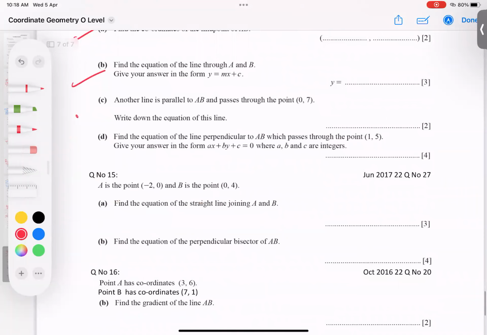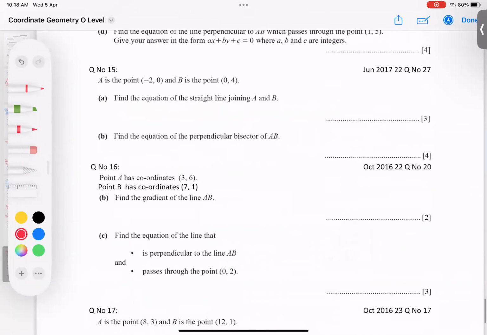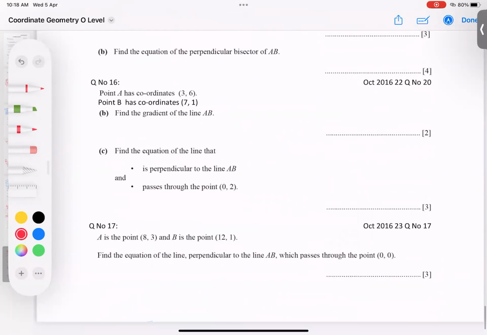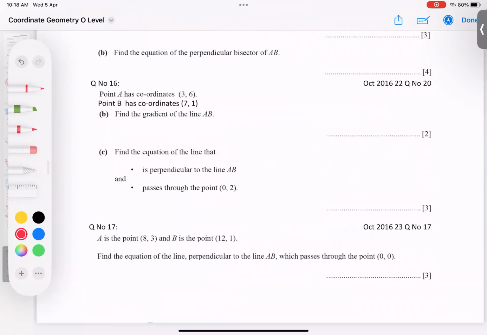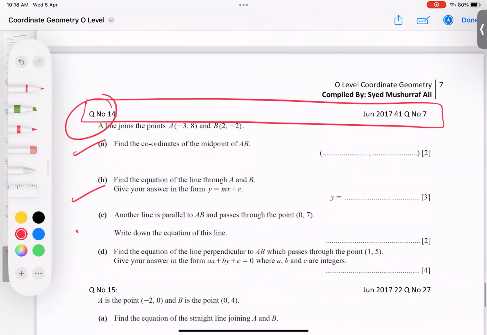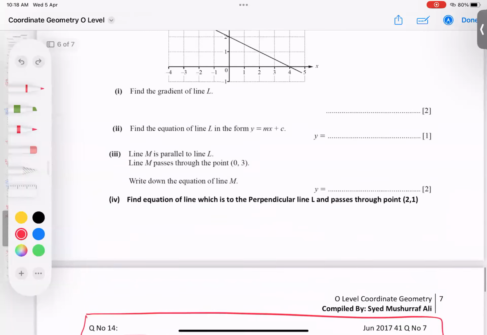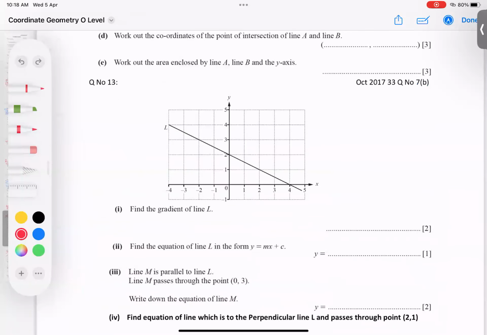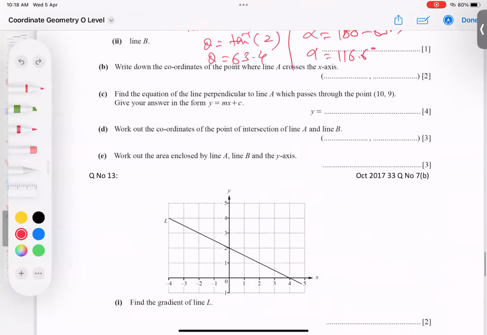Let me check whether 16 is available. October 16 is not available. So one homework is number 14. Let me find one more for you, so you have tried at least two questions.